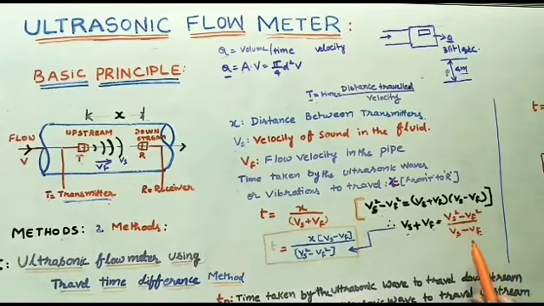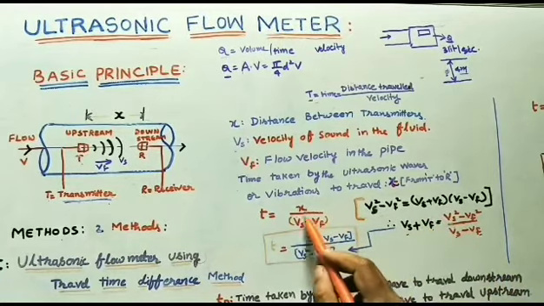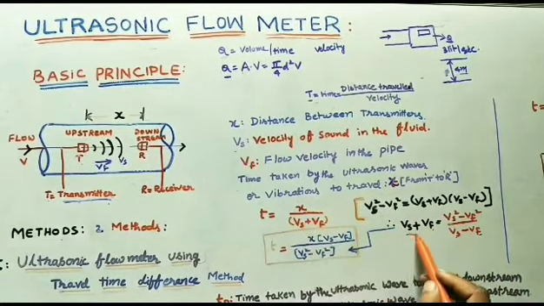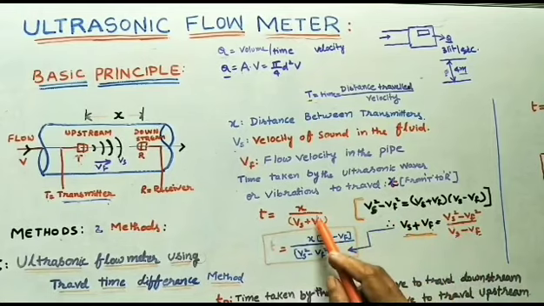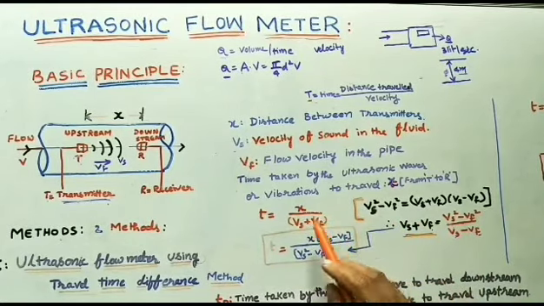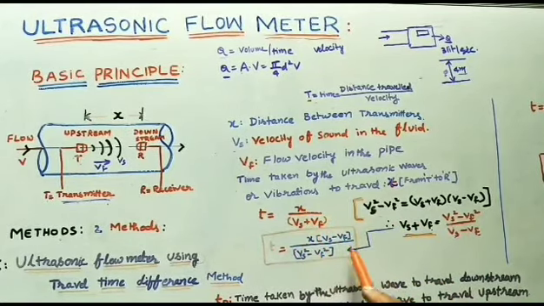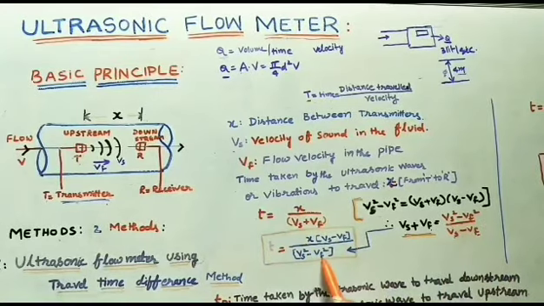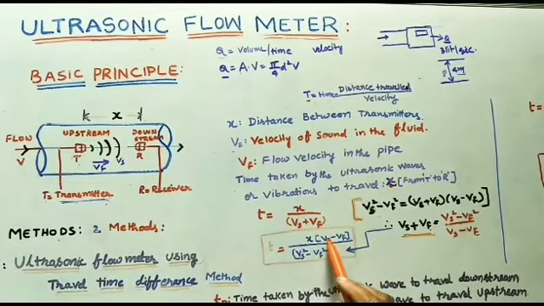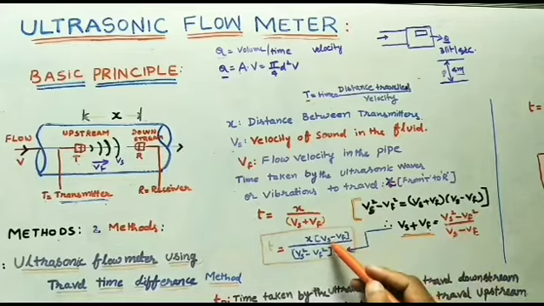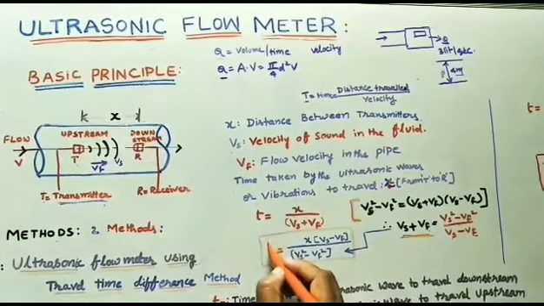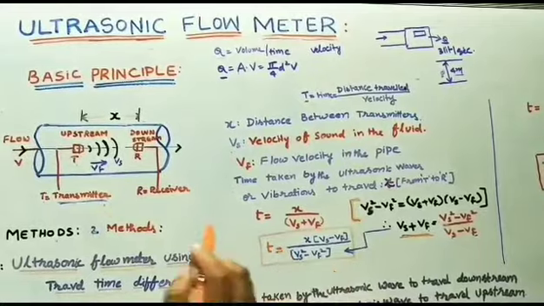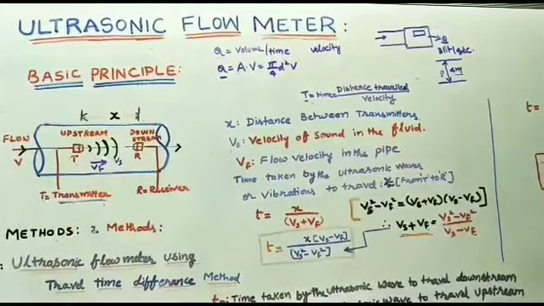Now instead of Vs plus Vf, I substitute it here: x divided by Vs square minus Vf square, multiplied by Vs minus Vf. This is the time taken for the wave to travel x distance.